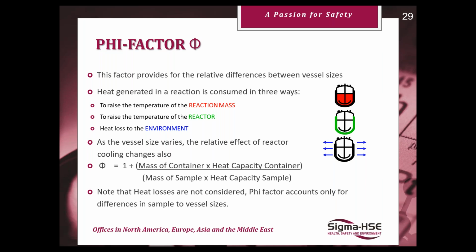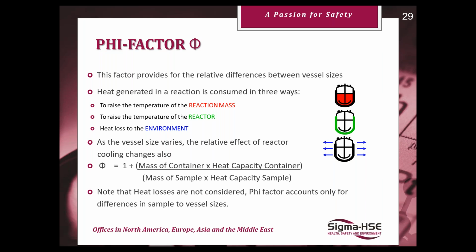So if we say we have an adiabatic system, we've already removed that factor of heat loss to the environment, but you're still having heat consumed in heating up the vessel walls itself, which is where phi factor comes into it. And it just accounts for that relative additional heat loss for heating up the vessel.